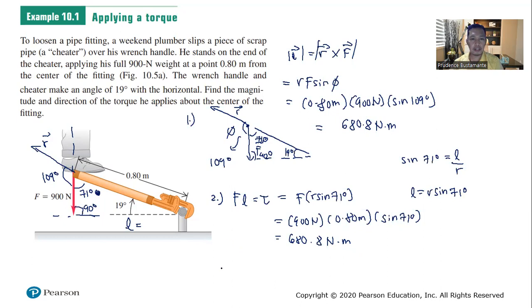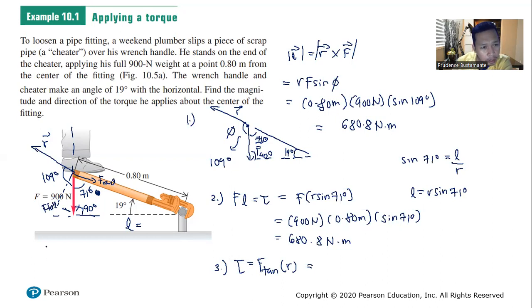From definition number three, the torque is equal to F, the tangential component, times R. This force has a component along this direction and a component along this one. Here is the F radial, and here is the F tangential.